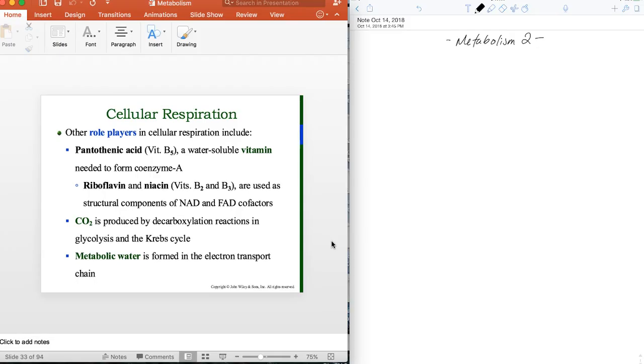And along the way, we've talked about these B complex vitamins that have played a role in helping this metabolic process. So there's that CoA enzyme from the pantothenic acid, and then the riboflavin and the niacin that will basically make or be useful in making niacin for NAD and riboflavin for FAD.